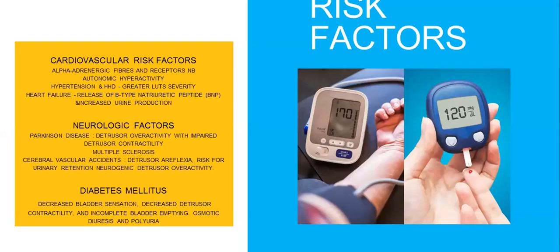Some neurological conditions can influence detrusor function and stability and are important in BPE and LUTS. And diabetes mellitus can also worsen LUTS due to decreased bladder sensation, detrusor contractility, incomplete bladder emptying. Additionally, the polyuria from the osmotic diuresis can potentially worsen LUTS as well.